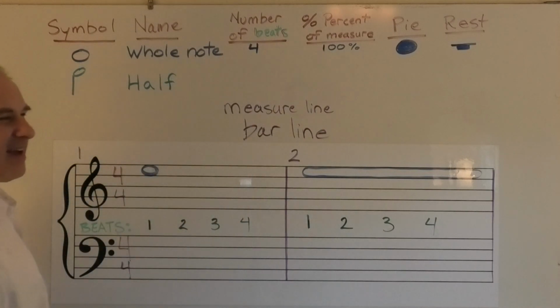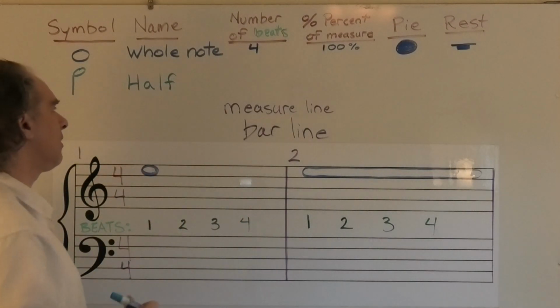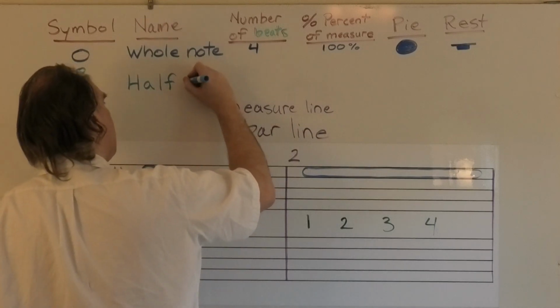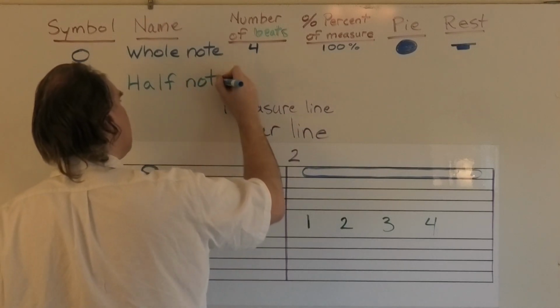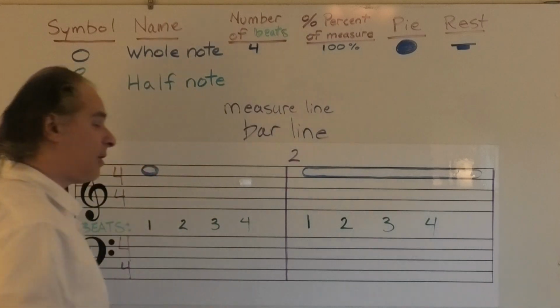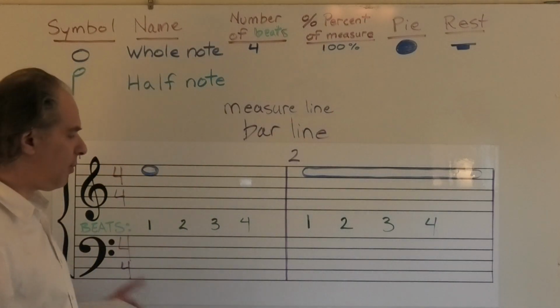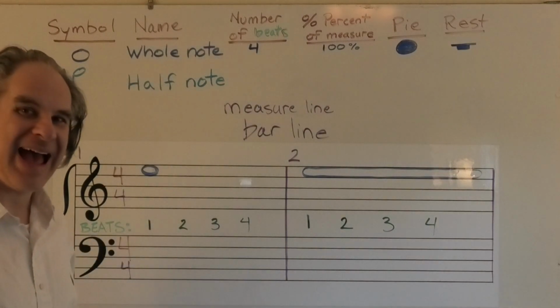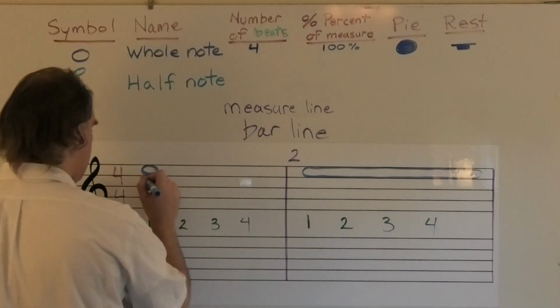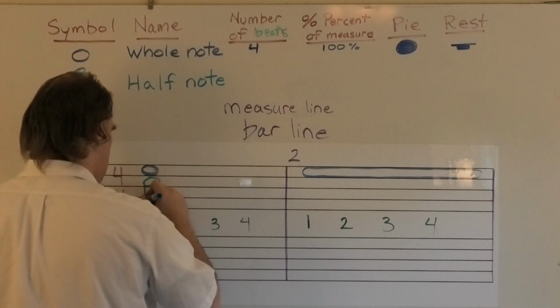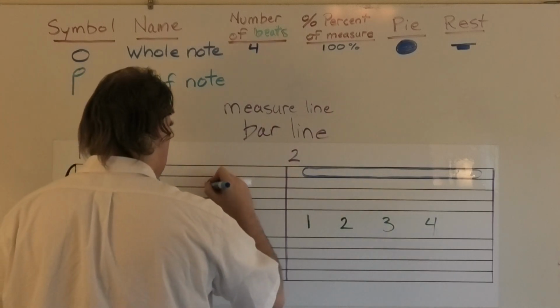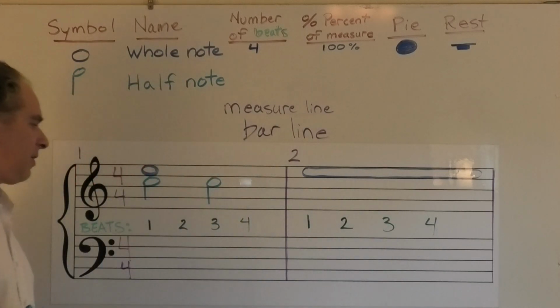The L is kind of silent, half. N-O-T-E. The half note gets 2 beats. So if there's 4 beats in the bar, we can have 2 half notes. 1, 2. There's our open note head and the stem, so we know it's a half note.